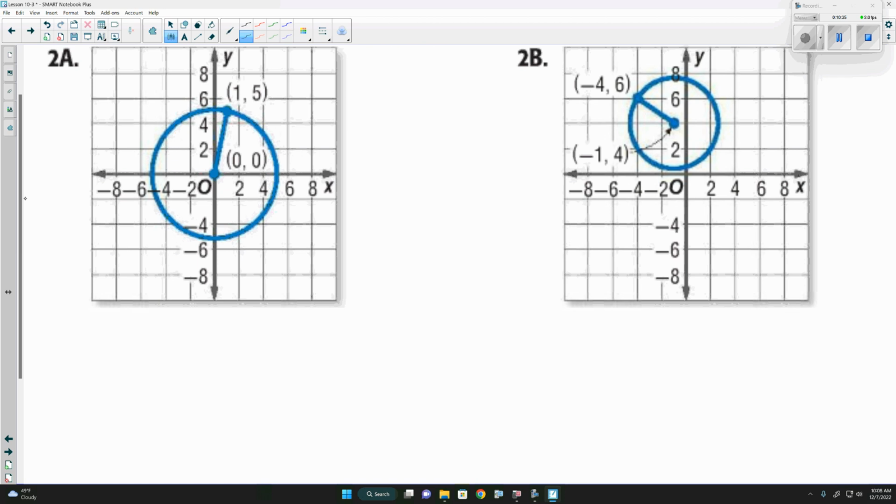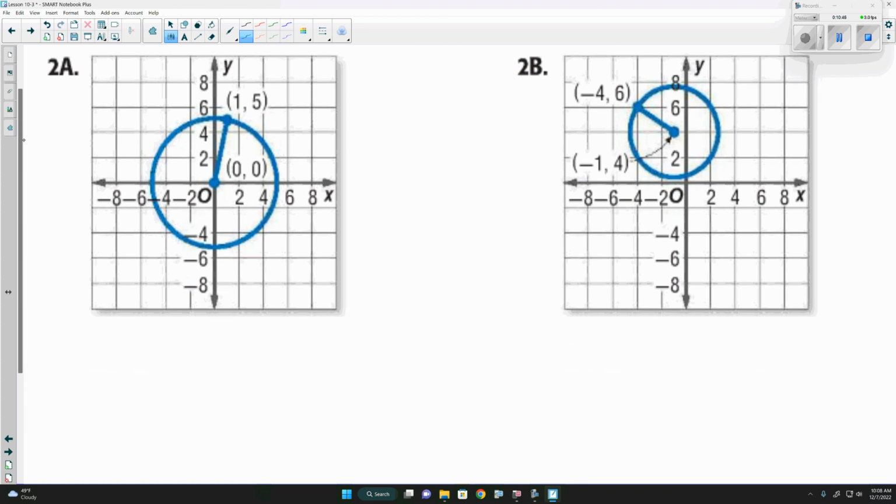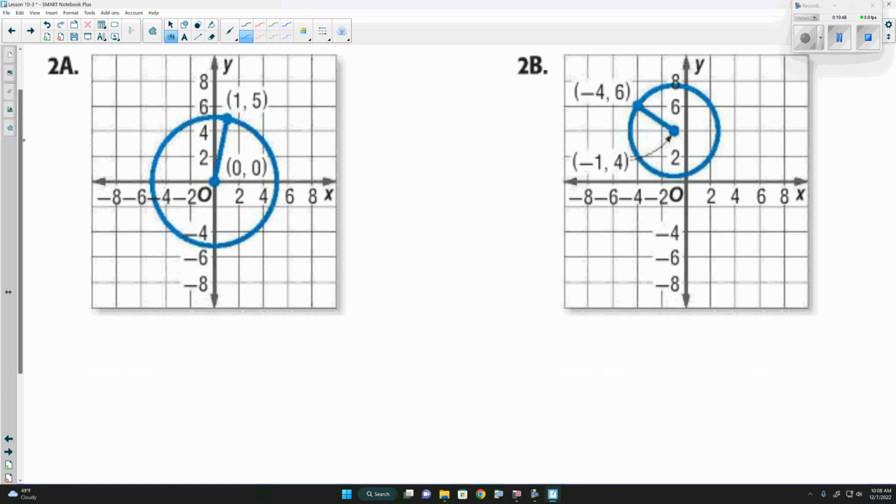Let's look at 2a. Now y'all have space underneath, yes? So if I was y'all, I would write this underneath it. I'm going to write a little bit to the side so that we can see it. Luckily I have technology so I can move things a lot easier than y'all can. With this here, I would still start off with x minus h squared plus y minus k squared is equal to r squared.